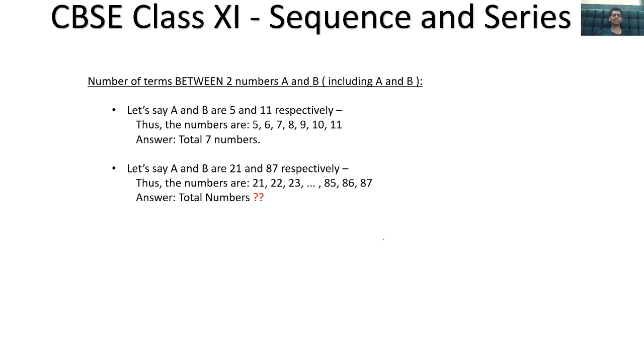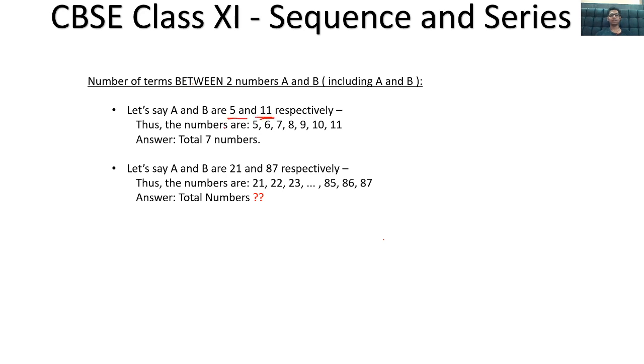So in this particular topic, we need to find the number of terms between the two numbers a and b, in which we need to include a and b. For example, let's say the numbers are 5 and 11.